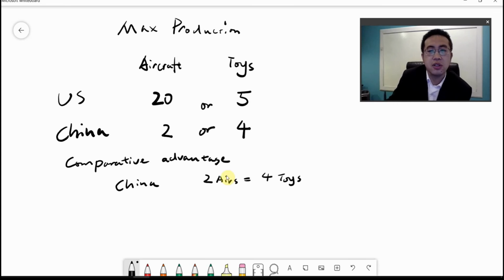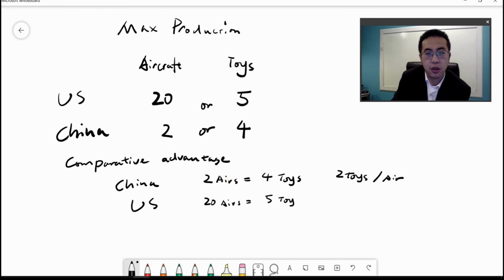All right, so that means for each aircraft they don't produce, they can produce 2 toys. Okay, so it's 2 toys per aircraft.